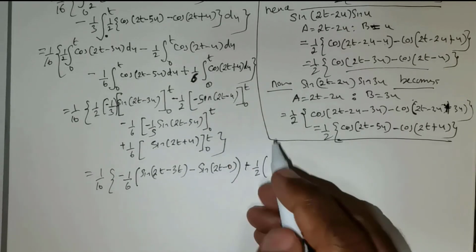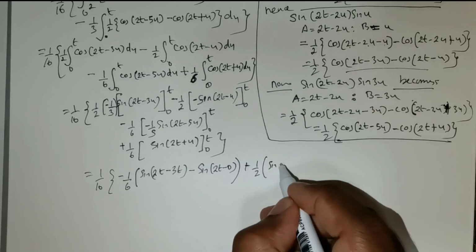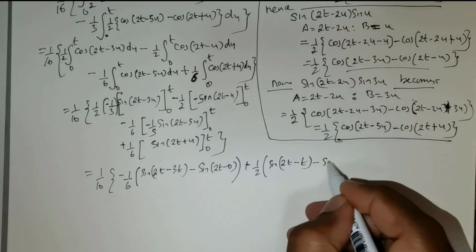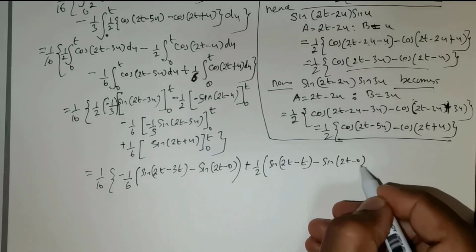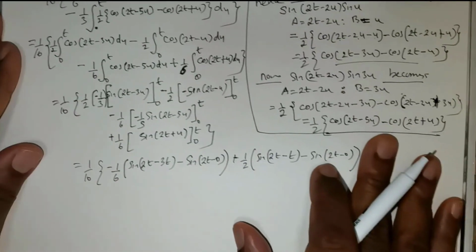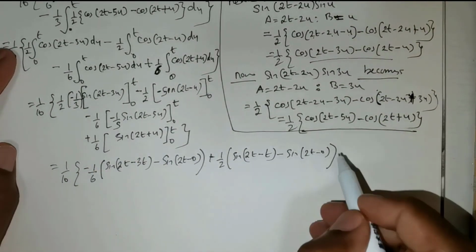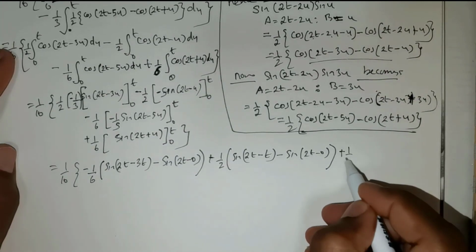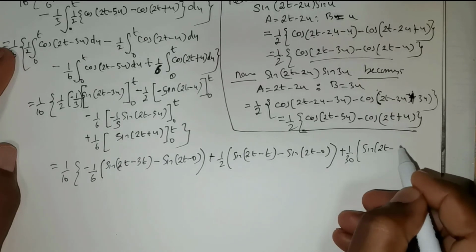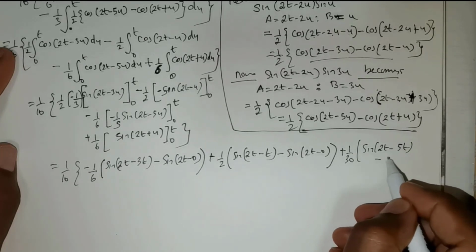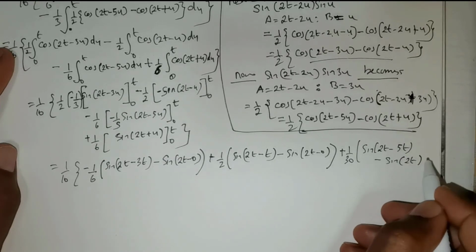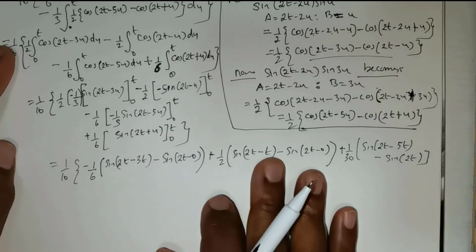I substitute the upper limit, so that's going to be sine of 2t minus t minus sine of 2t minus 0, that's for this part, followed by negative negative positive, so it's going to be 1 over 30 times sine of 2t minus 5t for the first part, minus sine of 2t minus 0, that's okay.